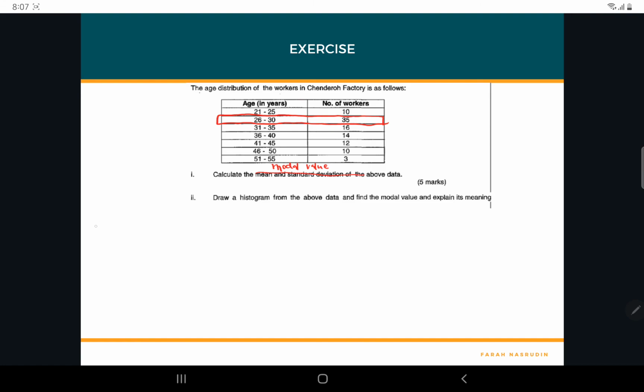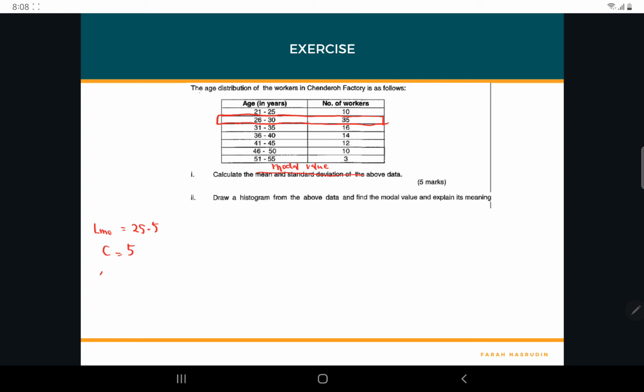Okay, our L_mo, which is the lower boundary of the modal class, is 25.5. And then our C is the class width, from 26 until 30, so it is equal to 5.